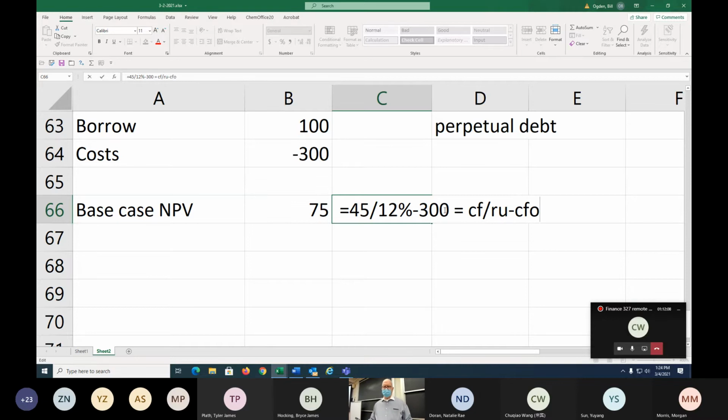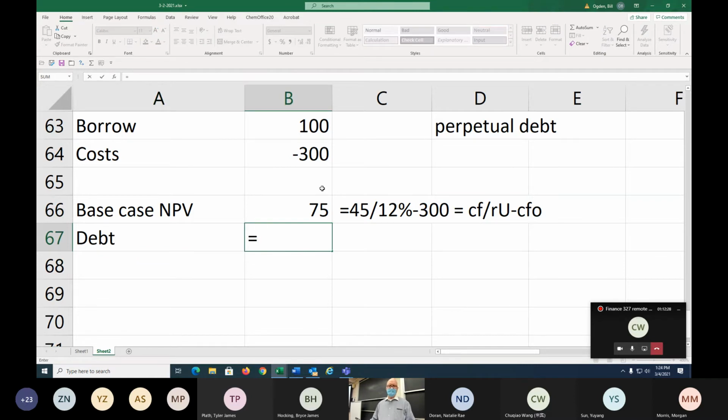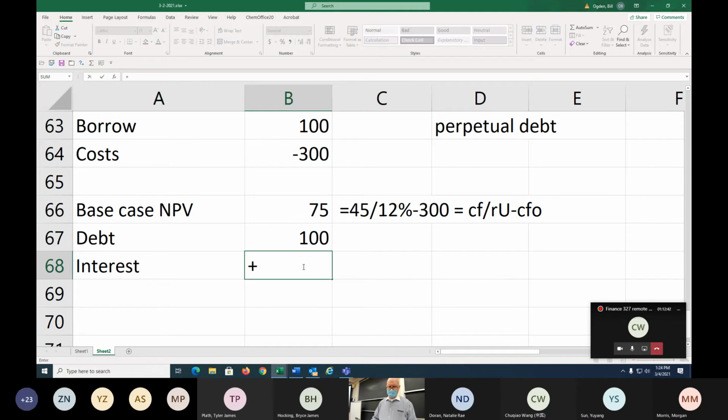So cash flow, well, it's actually cash flow 1 to infinity divided by RU minus cash flow 0. Okay, debt. Oh, I know that. I said I'm going to borrow 100 against it. Okay, then we're going to do interest. Interest will be debt times RD.